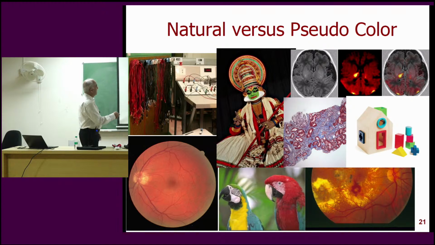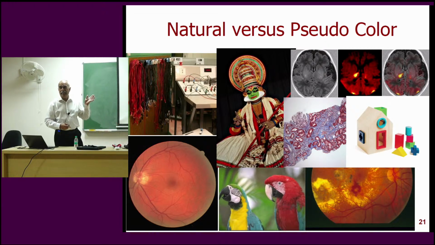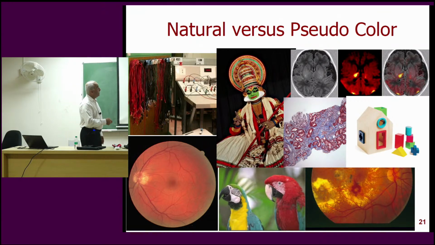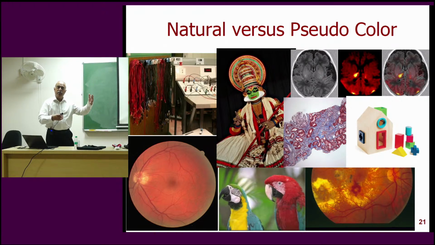And this is for artistic representation. The color represents the nature of that character in the play, and just to make it more attractive. In pathology, stains are applied. The color is not a natural color. It depends upon the stain that you put and how many stains and how they interact. And certain parts of the tissue will take up certain stains, others will take other stains.